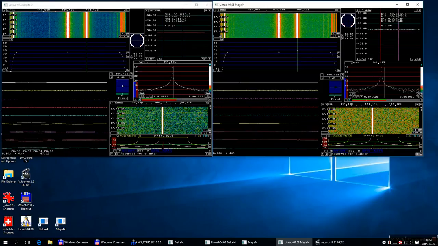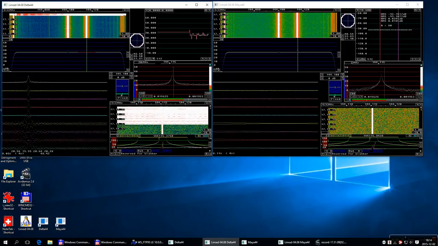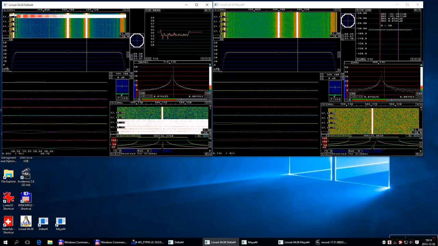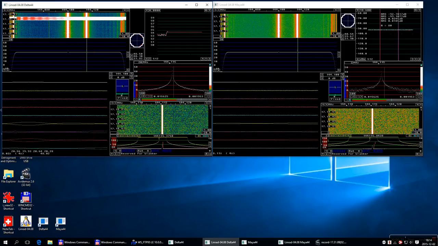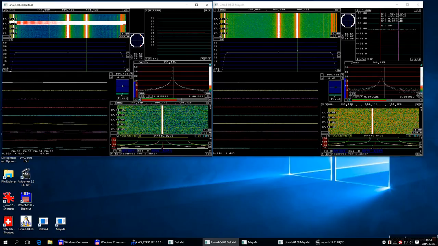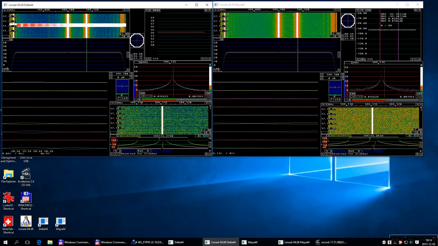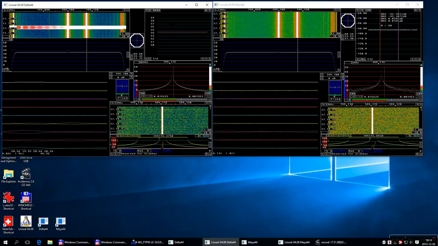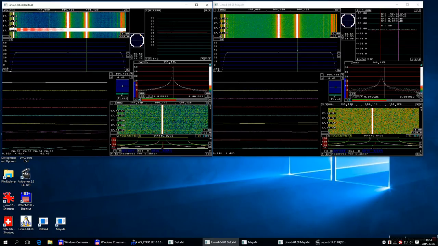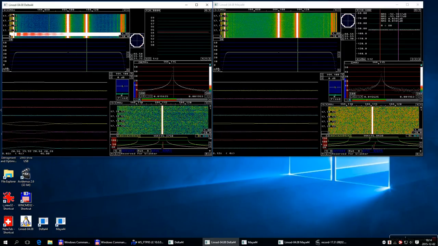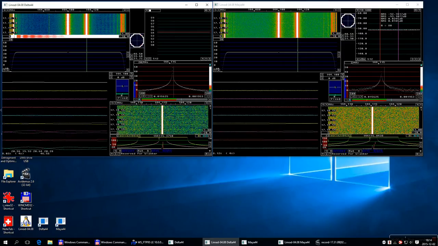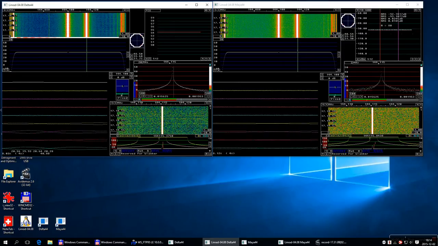So I change from showing dBm to show S units, and I want this to be S9, so it is 4.5 units, and I don't remember whether it's decibels or S units.